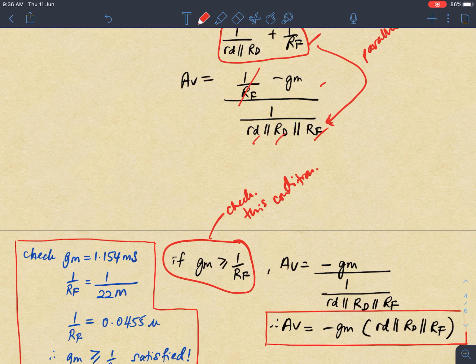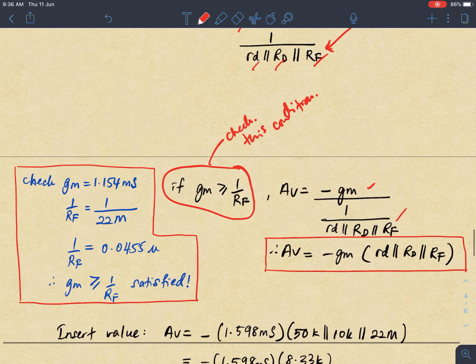We remove it, so it becomes negative GM. 1 divided by rd RD RF here, and finally it becomes negative GM multiplied with the parallel of rd, RD and RF. This is the final equation.